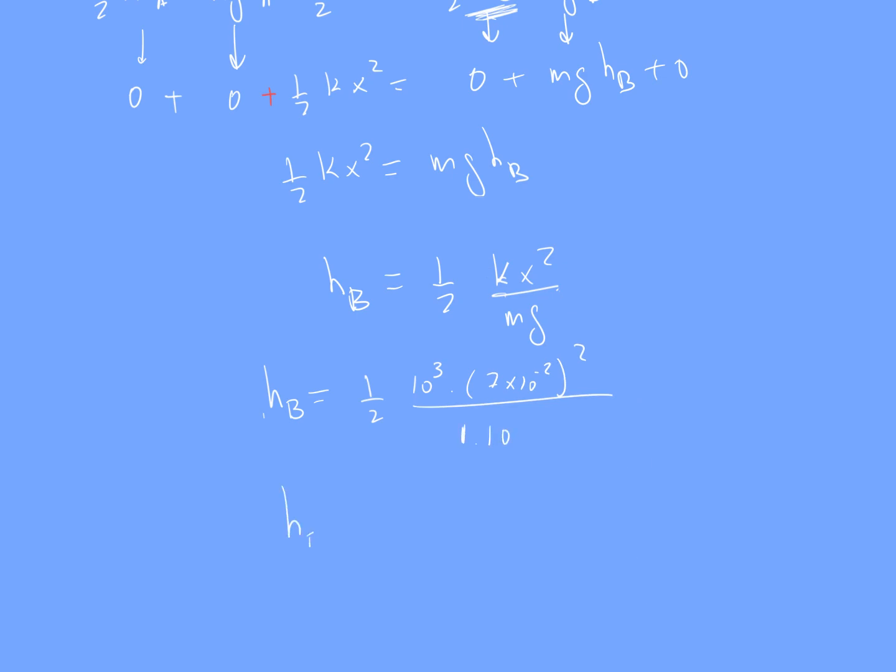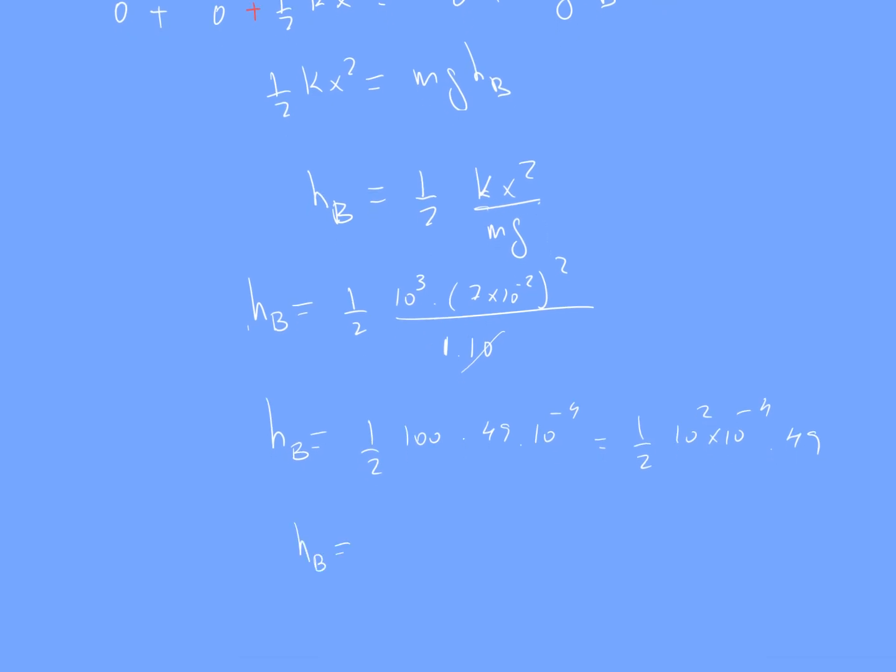So the HB will be, the 10 will cancel with 10 cubed, so it will be 1/2, 100, 7 by 7 is 49, 10 to the minus 2 squared is 10 to the minus 4, so it will be 1/2, 10 to the 2 by 10 to the minus 4 by 49.